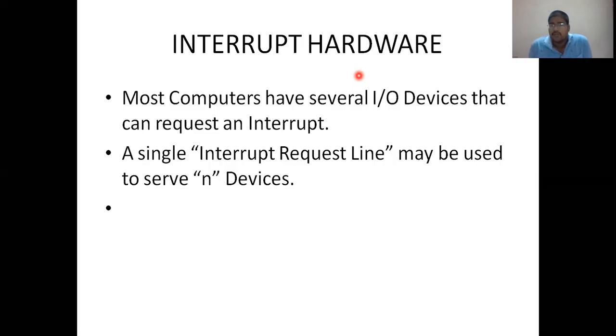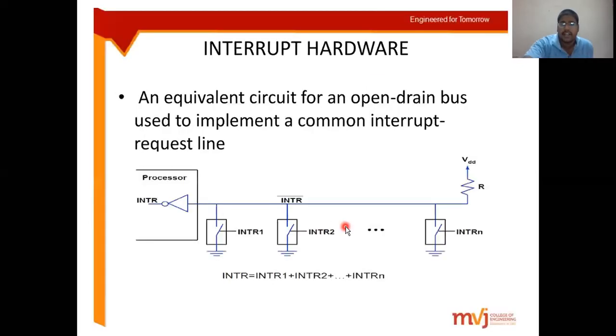One keyboard, one mouse, a printer, and a monitor are connected externally to the CPU, and next, speakers. Here we have a single interrupt request line. That is what I will discuss in the diagram. We have one common line. This is called the interrupt request line.